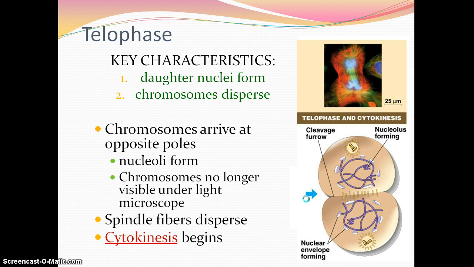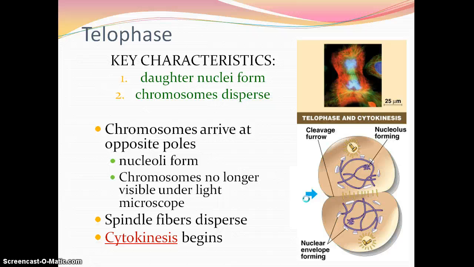So our last phase of mitosis is telophase, and the key characteristic here is to think of the daughter nuclei forming and the chromosomes dispersed to the two separate ends. So the chromosomes have arrived at the opposite poles. We now have the reformation of nuclei.